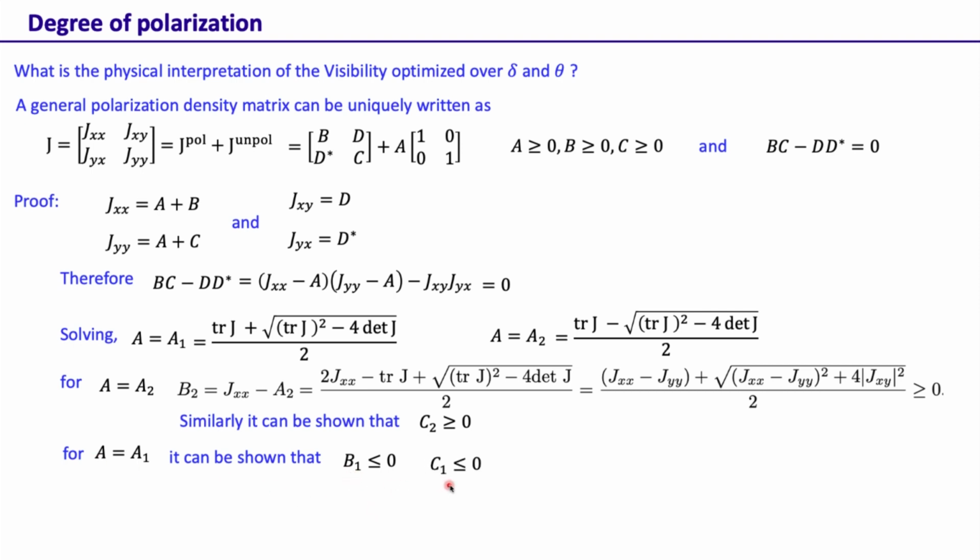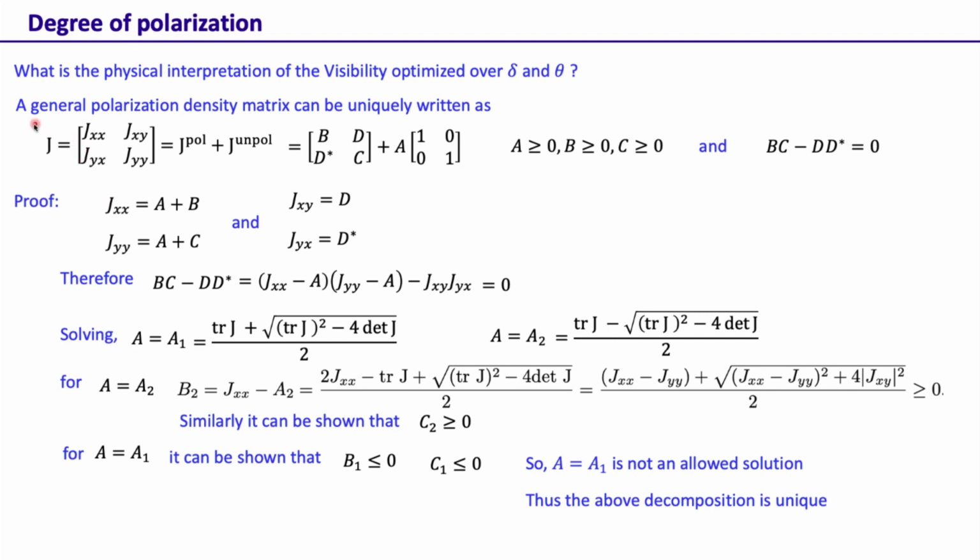But these B1 and C1 will be less than or equal to 0, and what we need is that B and C have to be greater than 0. So A equal to A1, the first solution, is not an allowed solution, therefore this decomposition is unique.